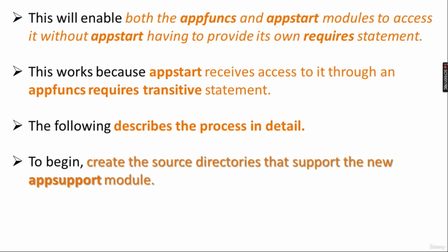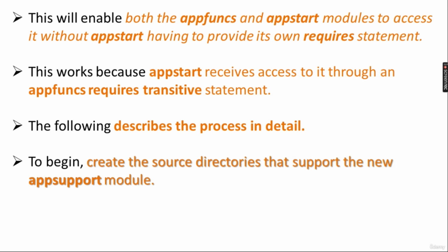Like in the first example in this video, where A requires B and also requires C, that second requires will be removed. This works because abstract receives access to it through the app functions requires transitive statement.